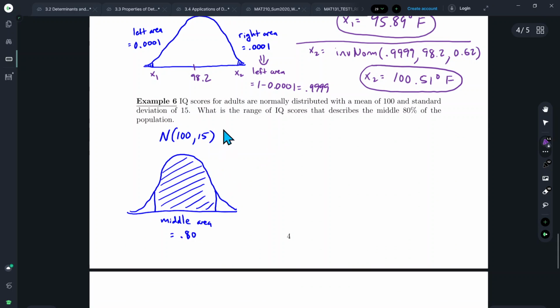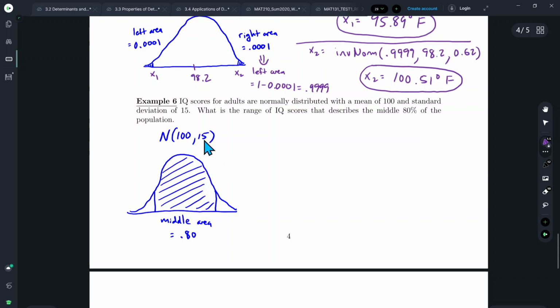It says IQ scores are normally distributed with a mean of 100 and a standard deviation of 15. We want to calculate the range of IQ scores that describes the middle 80% of the population. I've drawn in the normal distribution diagram here. We're trying to calculate the area in the middle.